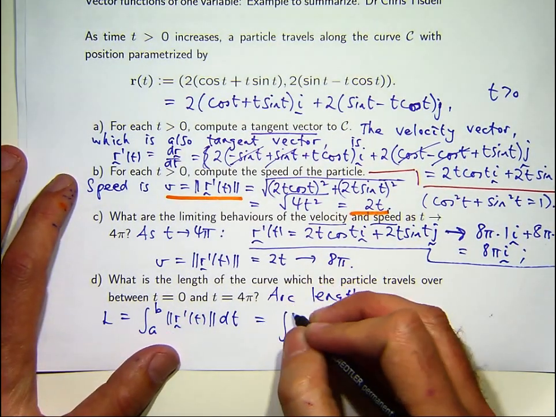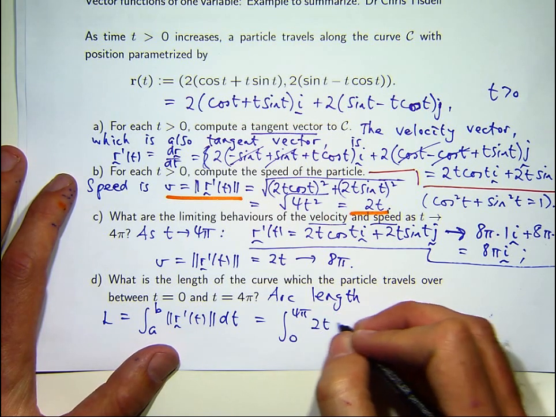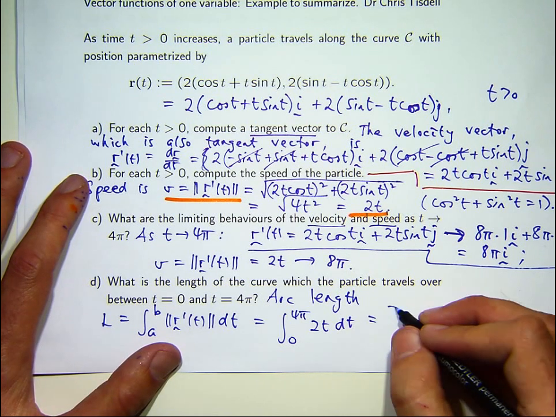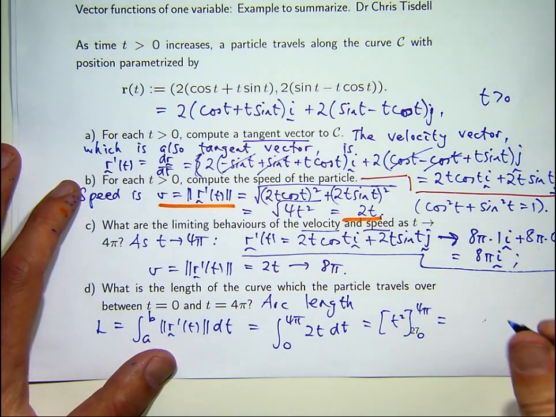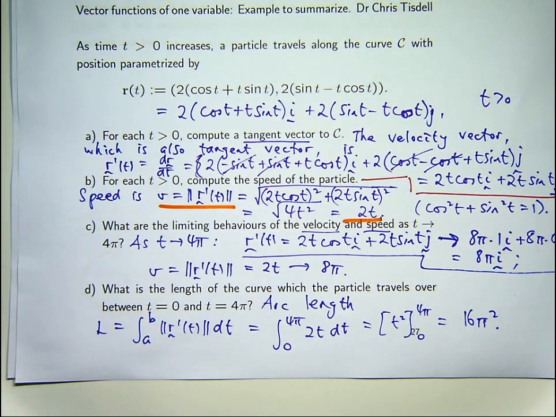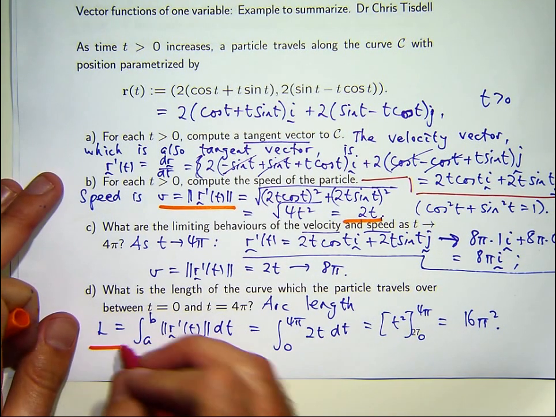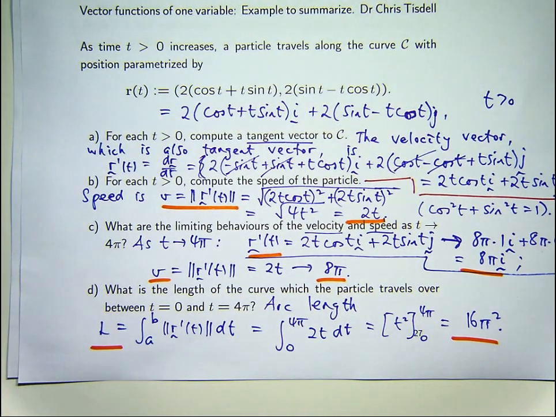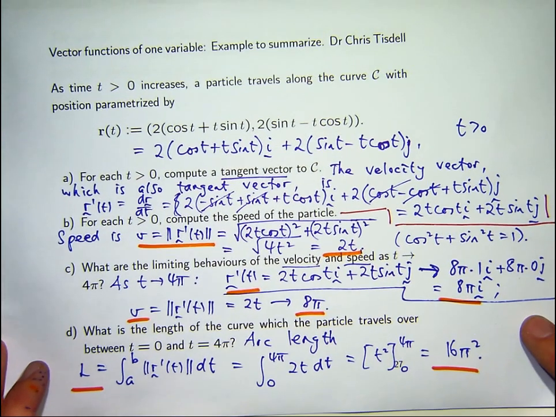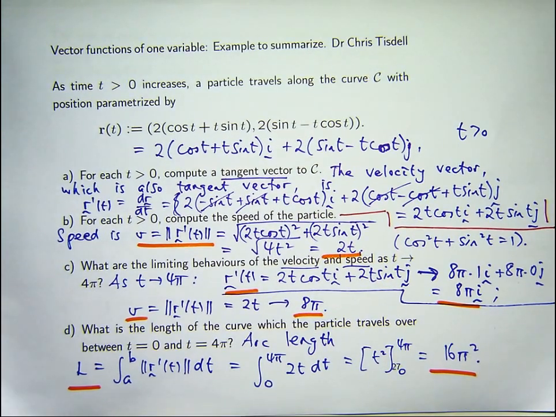So I have a pretty simple integration. I'm integrating 2t, that's pretty easy. So I'm going to get something like 16 pi squared. So let me just highlight these things. Okay, so that's a basic example comprising lots of elements for a function of one variable.